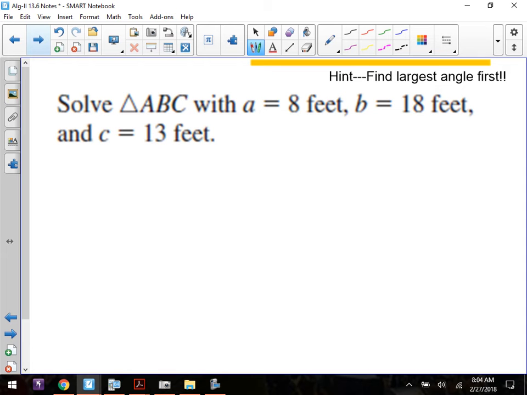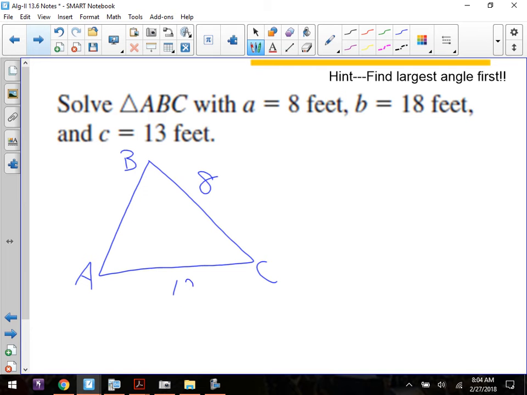All right. So this one here is your side case. So let's see, 8, 18, and 13.